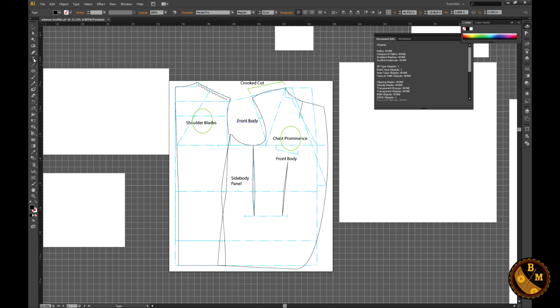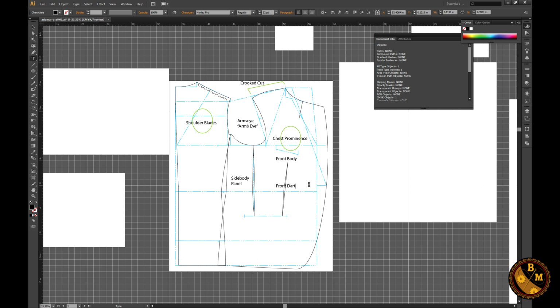Over here, armscye. That's where that word came from. They decided to put it into its own word. I don't know, tailors said their own thing, I guess. I'm going to copy this over.